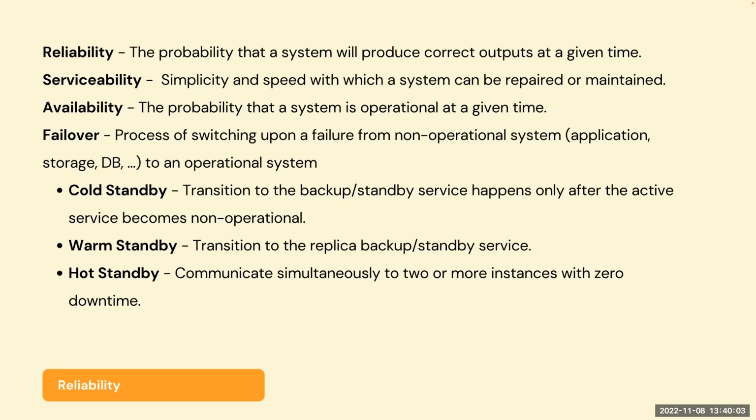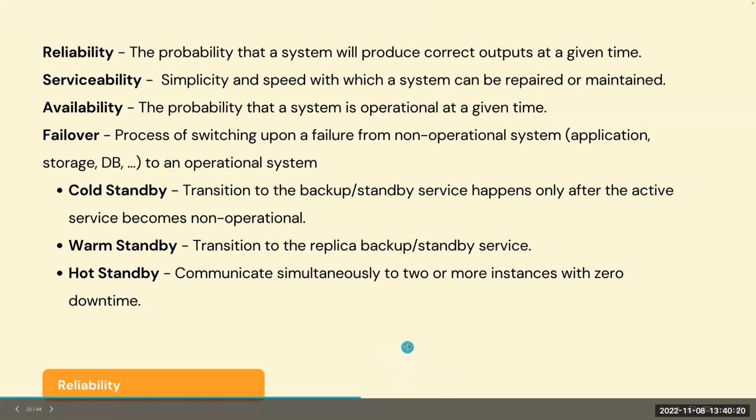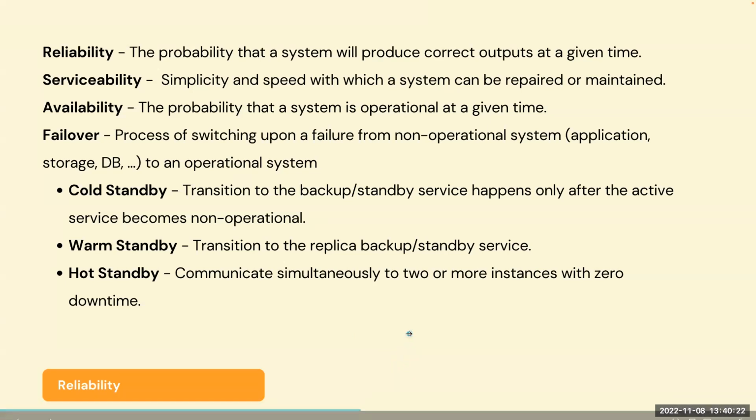Let's say you have a couple of instances of your database, they will be in active mode, and if one of them is down, the other one will take over the traffic, and the application won't be impacted much.